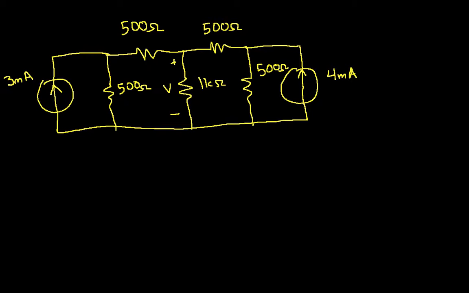I could solve it using superposition, but that'll end up being actually more work than nodal analysis. So this is an example of a circuit that is not that hard to solve, but if you don't want to use nodal analysis, it gets pretty tricky.